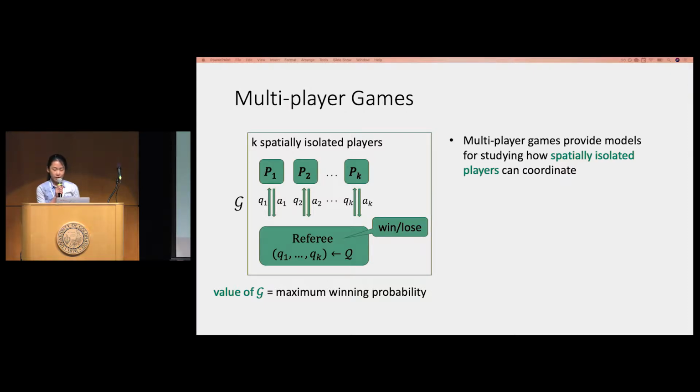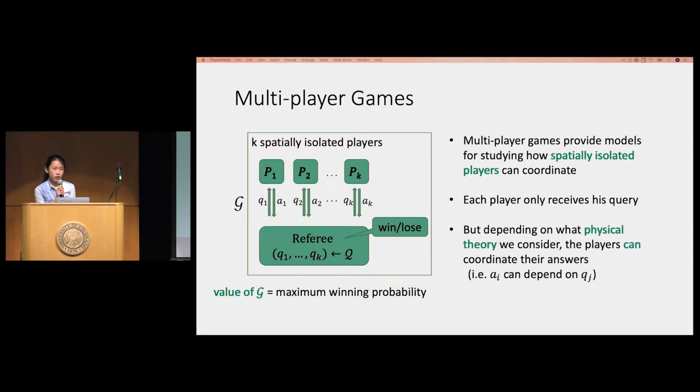Now, multiplayer games are interesting because they provide a model for studying how spatially isolated players can coordinate their answers. Here, each player is only receiving his query, but depending on what physical theory we consider, the players can actually coordinate their answers, so A_i can depend on Q_j.